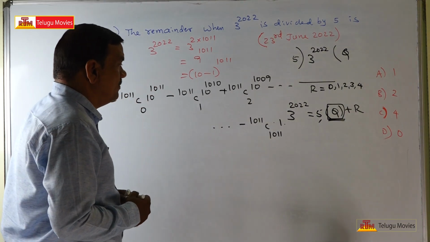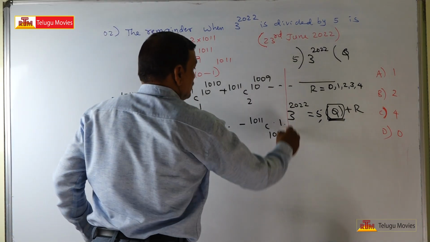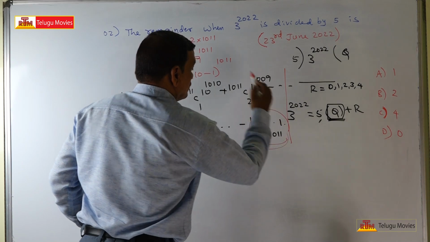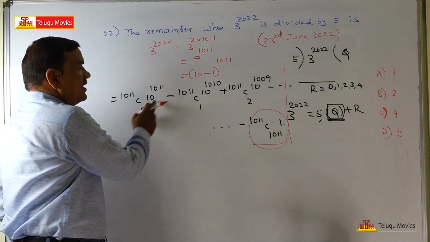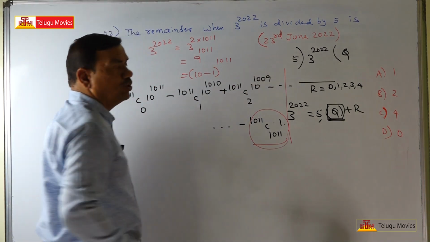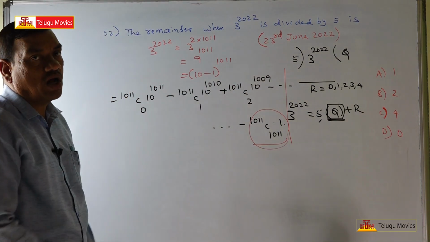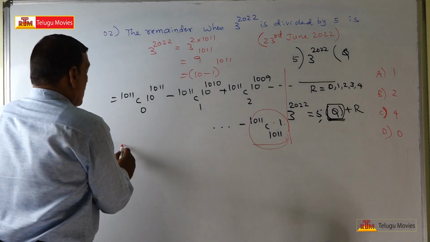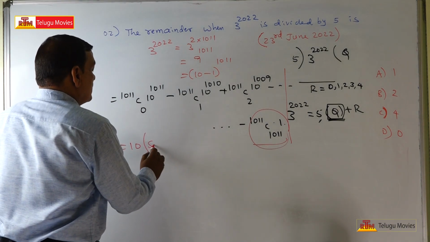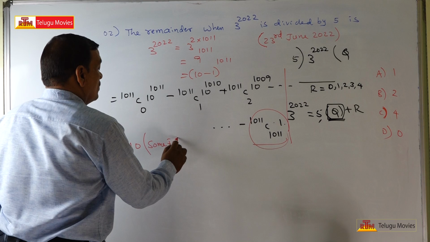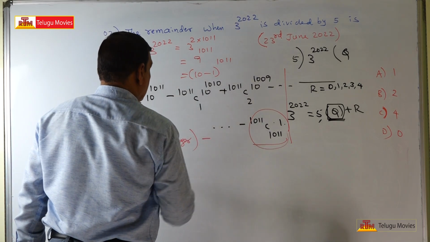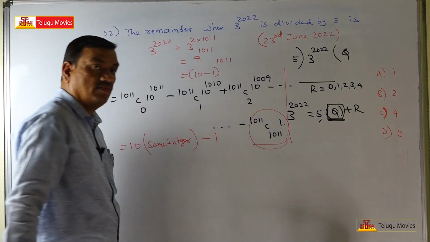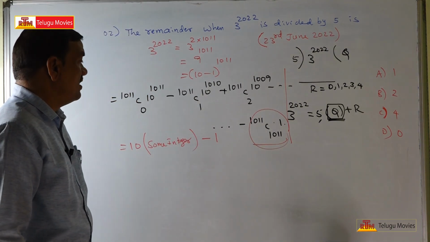If you observe, except the last term, in every term you have 10. You can take 10 common outside, that means 10 into some integer, minus 1.